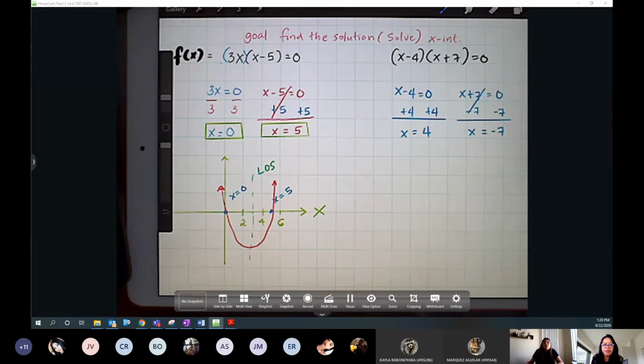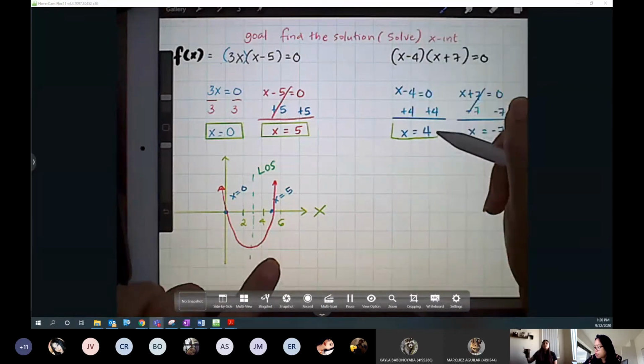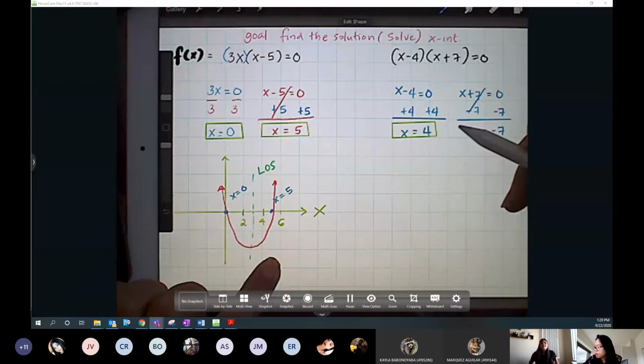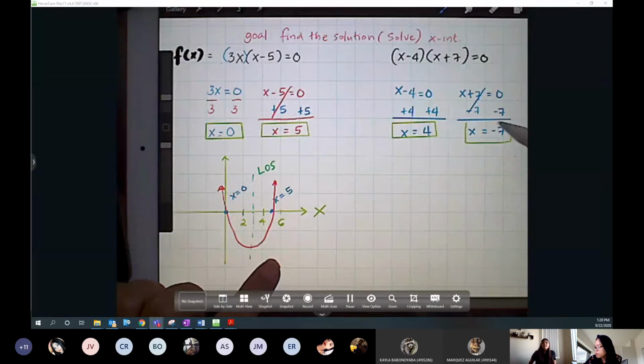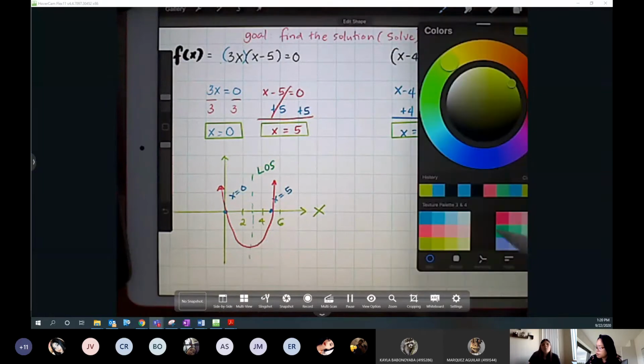Okay, and we found our two x's. We are able to solve our second example. Okay, and just graph it.